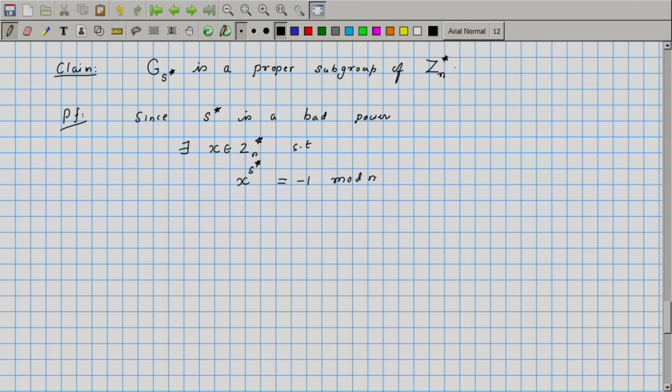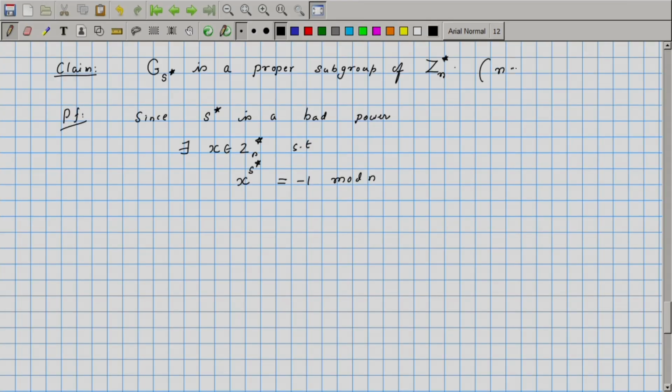Now, what we can additionally assume here is we are looking at a composite number that is not a perfect power. In particular, it is not a prime power. So, we can write n as a product of two composite numbers n1 n2 such that n1 and n2 do not have any common factors. So, n can be written in this particular way.